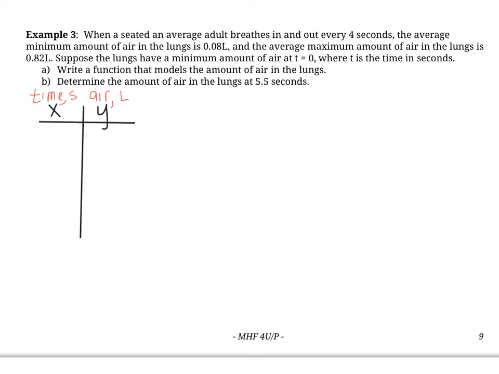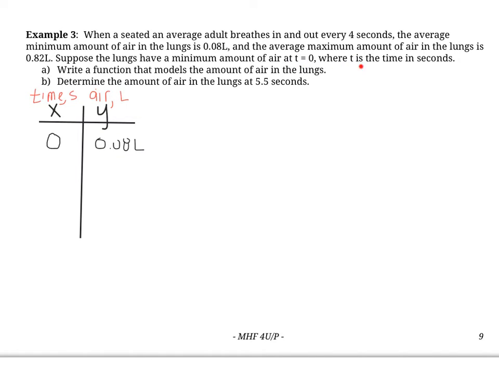So let's start to come up with some points that we do know. One point that we are given is at time 0, our lungs have a total of 0.08 liters of air in it, and we were given that information here.